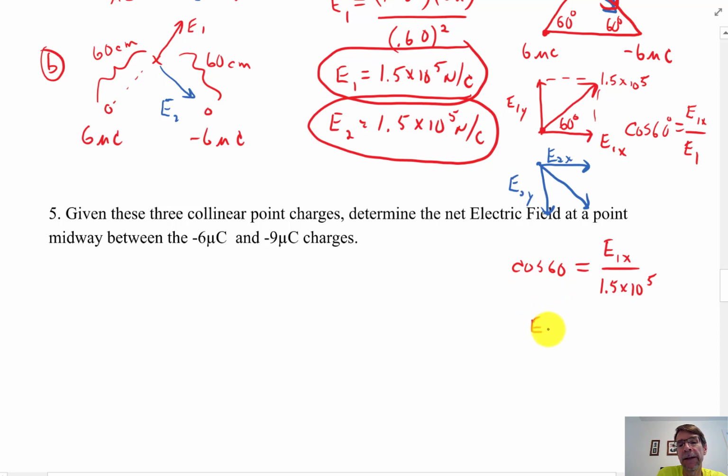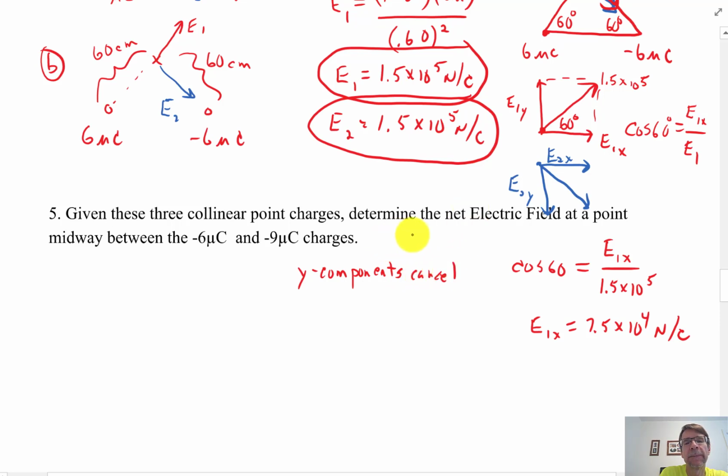It turns out that E sub 1x is going to be 7.5 times 10 to the 4th newtons per coulomb. That's the x component of E sub 1. The y component, I don't really care what it is. The y components will cancel.